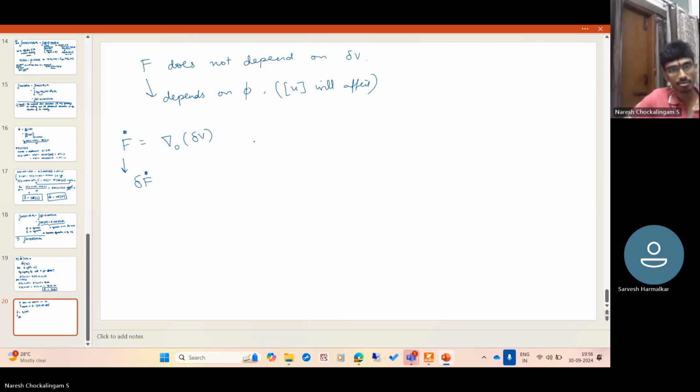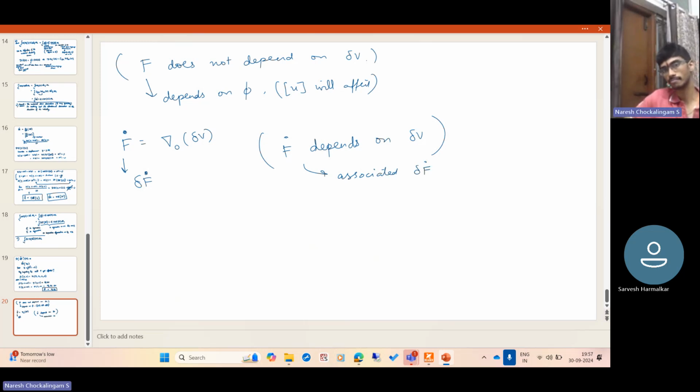Now, F dot depends on del v. So we have these two observations: F does not depend on del v, but F dot depends on del v. Therefore, there's an associated del F dot.